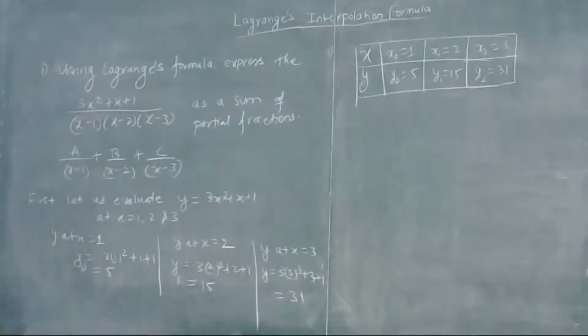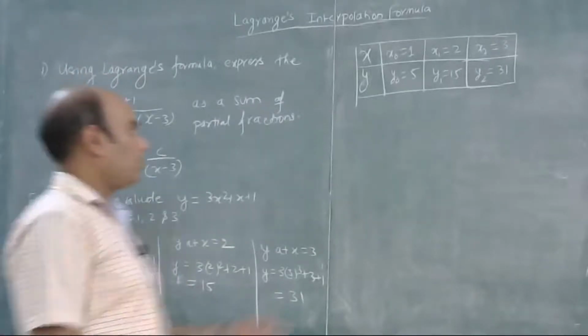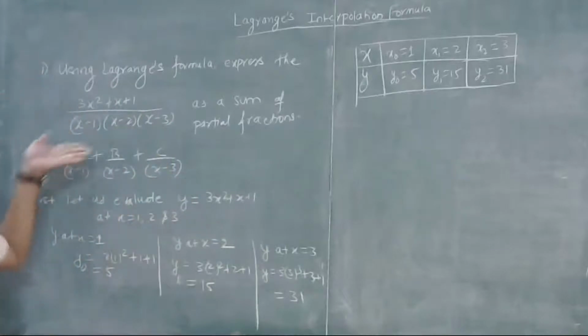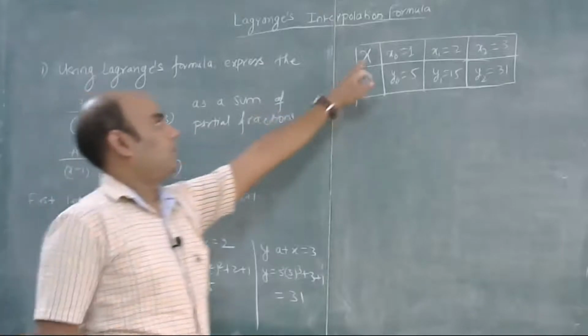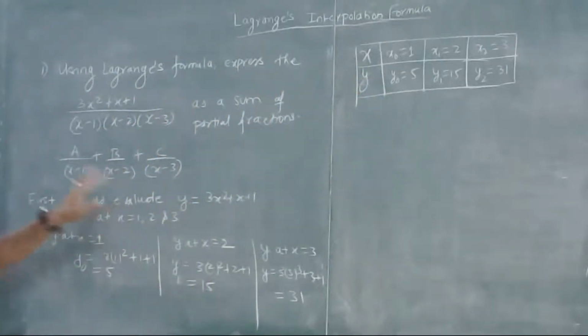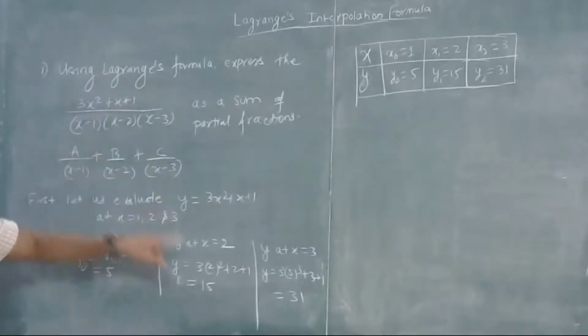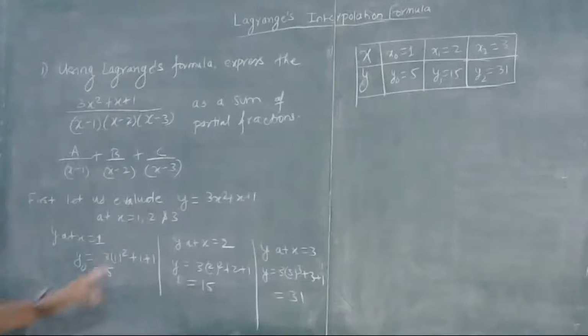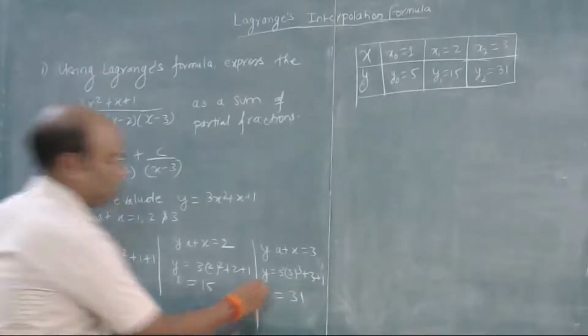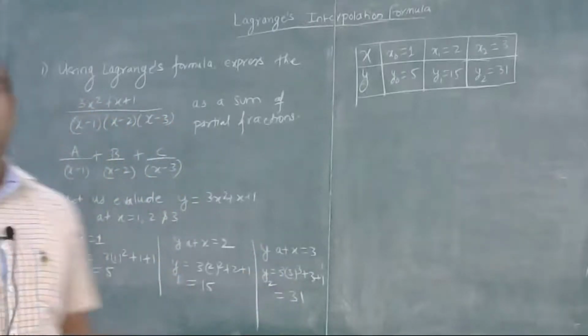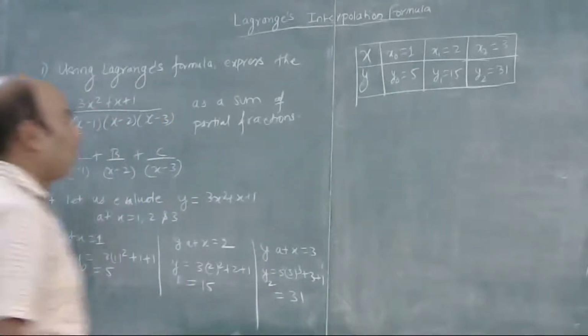So in order to find the sum of partial fractions of this expression, we have constructed a table with respect to x and y. We have assumed that 3x square plus x plus 1 is equal to y, and we have substituted the values x is equal to 1, 2, and 3. So these are y0, y1, and y2. Now we will apply Lagrange's formula.